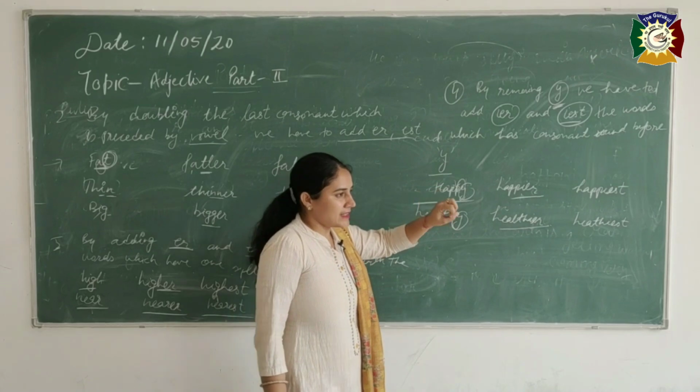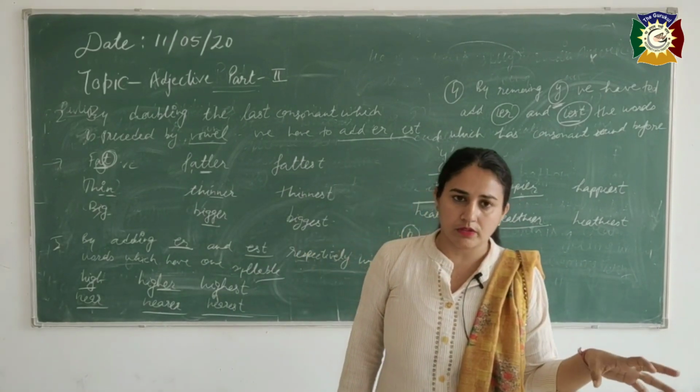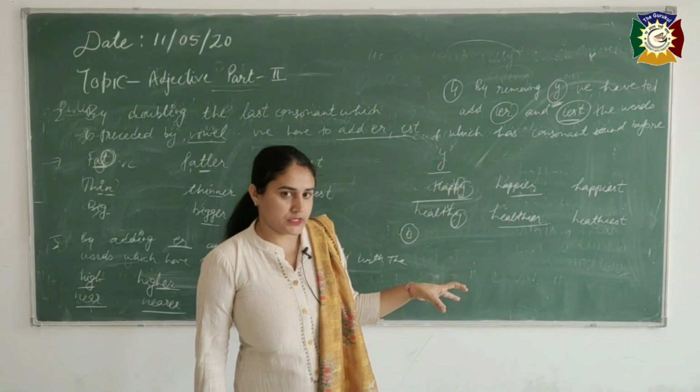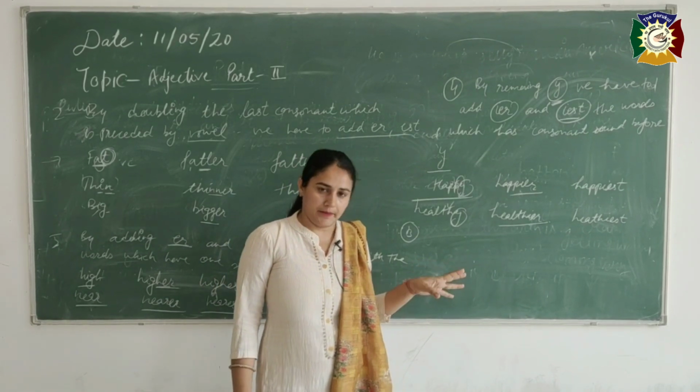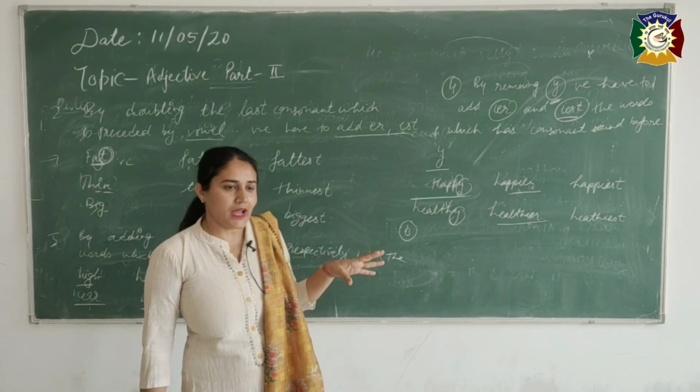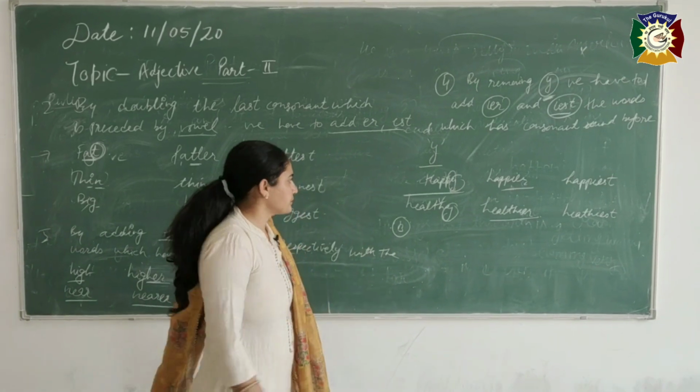Suppose y is at the end of the word and there is vowel before it. So we should not remove y. Got it? Simply we add ER, EST.